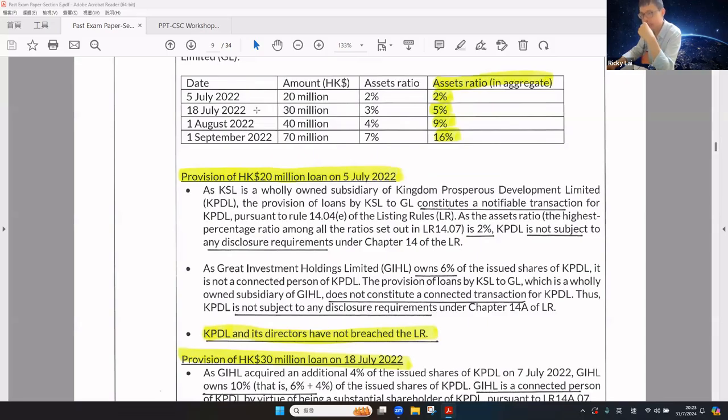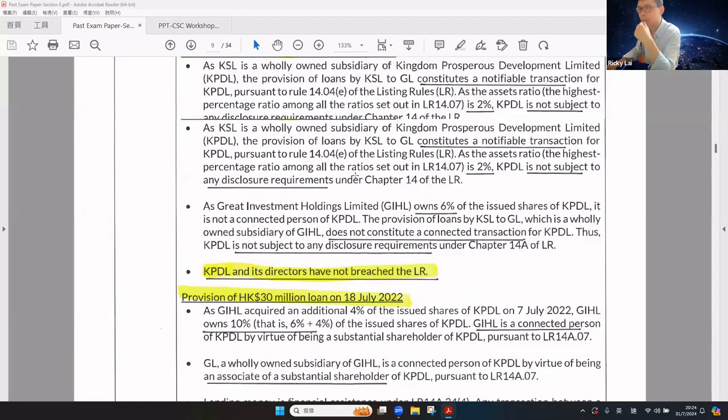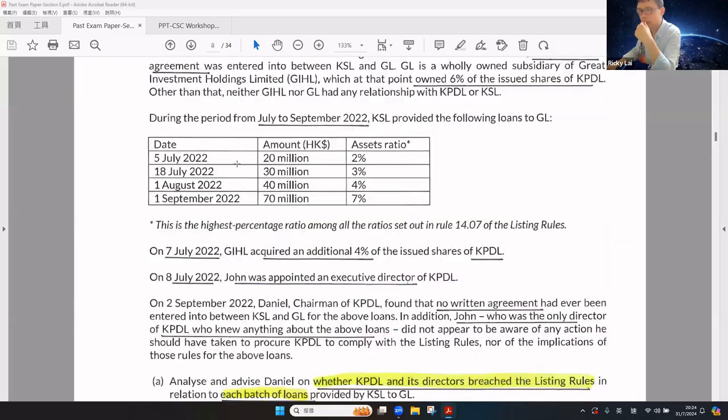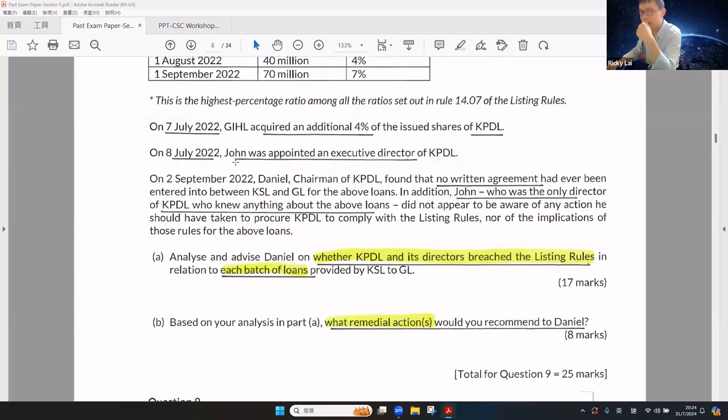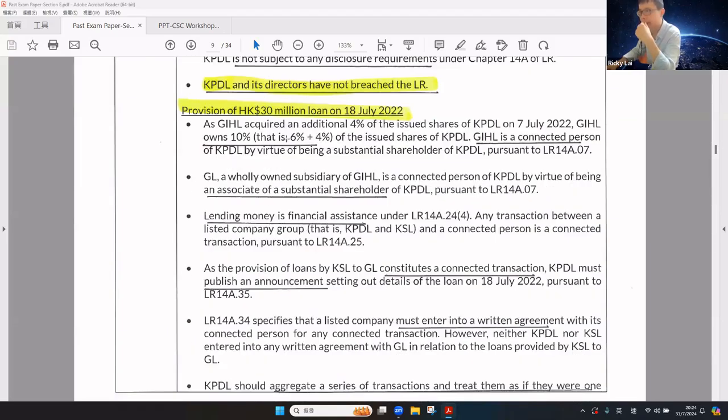But how about the second batch? You can see the size ratio in aggregate is 5%. Your analysis should include that on July 7th, GIHL acquired an additional 4%. So 6% plus 4% means it owns 10% in the listed company, and makes GIHL a substantial shareholder of the listed company.